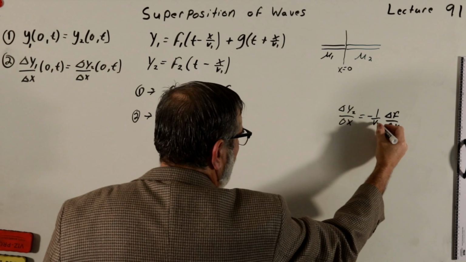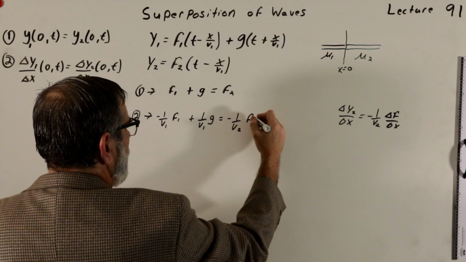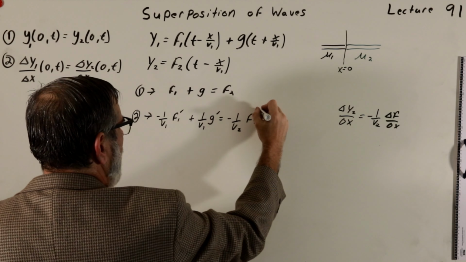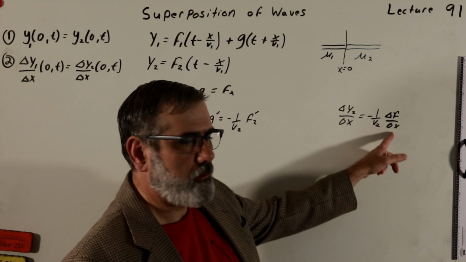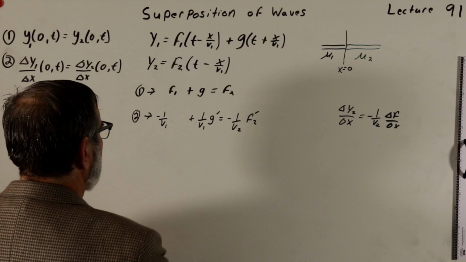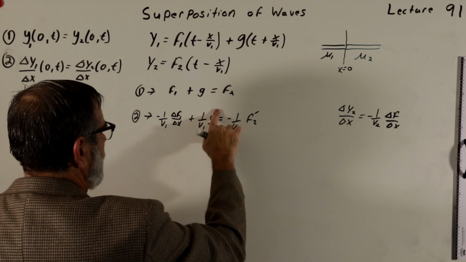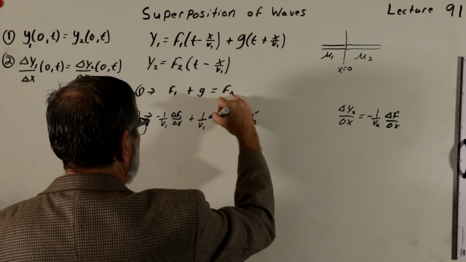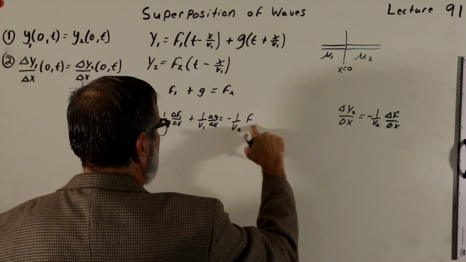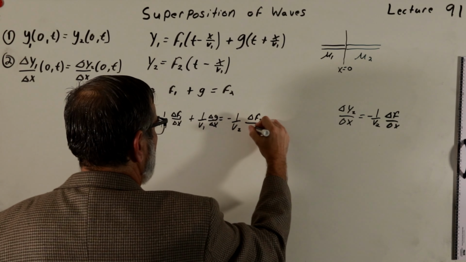That should be a v2, by the way, because that's material 2, times f2. Really, we'll call them primed, because it's this delta f over delta x business. I'm going to write delta f1 over delta x, delta g over delta x, and delta f2 over delta x.